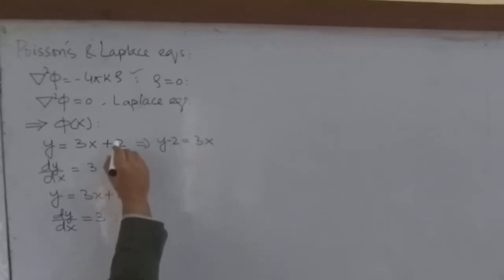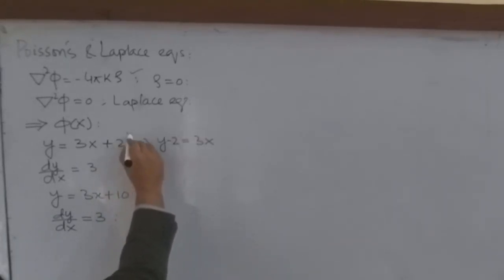Now the question is whether this straight line and this straight line are the same. The slopes of the straight lines are the same, but the straight lines are different, right?